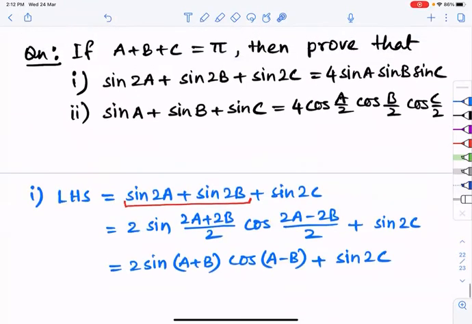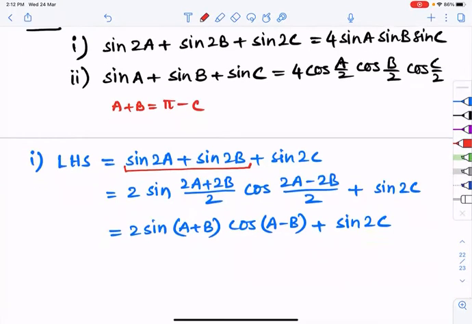Now we are going to apply our condition. The condition is a plus b plus c is equal to pi. So if a plus b plus c is equal to pi, what will be a plus b? A plus b is equal to pi minus c. So I am going to put that here.